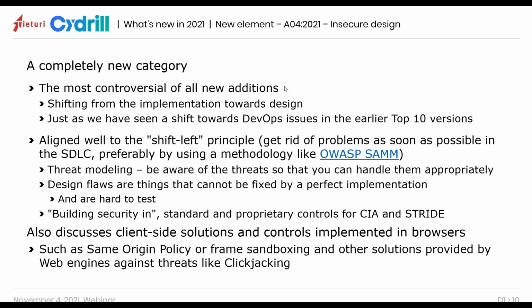The first one of these is number 4, insecure design. And this is perhaps the most controversial addition, because insecure design covers design flaws of various types, which is very different from the previous focus of the top 10 on implementation problems, so code problems. But it's true that security issues can and will be caused by design flaws just as easily as bugs. And catching these issues early is very, very important.